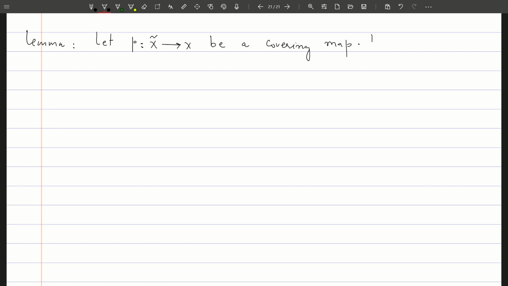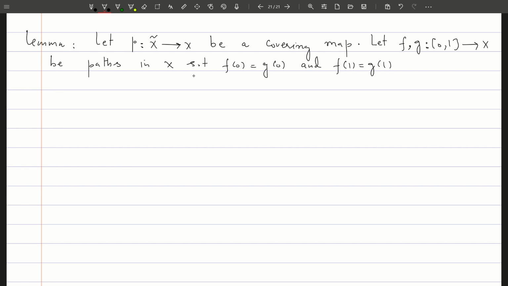Let f and g from [0,1] to X be paths in X which agree at the endpoints. That is, f(0) is the same as g(0), and f(1) is the same as g(1).